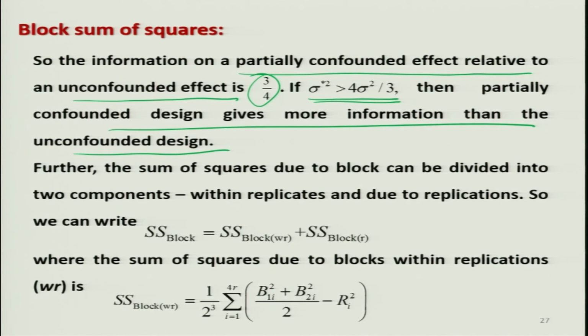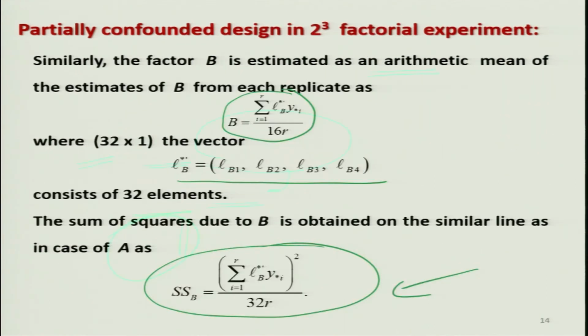So, as we had discussed in the beginning of the lecture when we discussed the sum of squares due to block in the case of 2 square factorial experiment, we had divided the sum of squares due to block into 2 parts: sum of squares due to block within replicates and due to replicates. Right. So, the same thing we are going to do here also, and if you try to recall, this was the algebra we have done earlier, right.